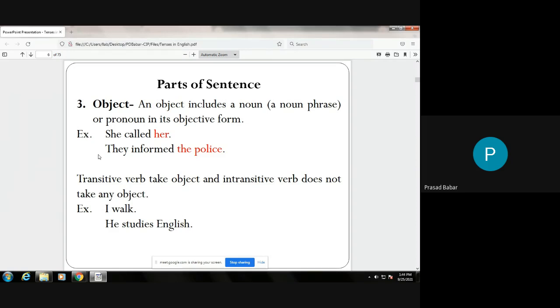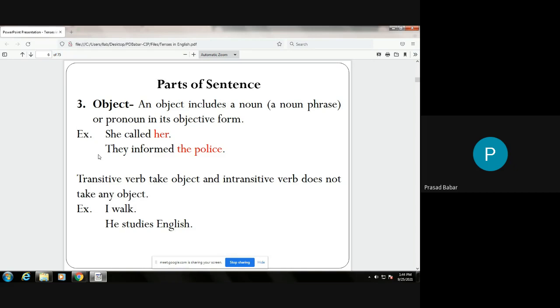So, what is object? Object is a noun or pronoun in its objective form.